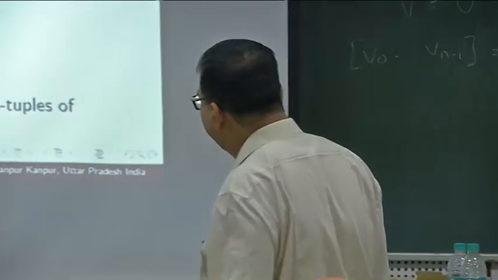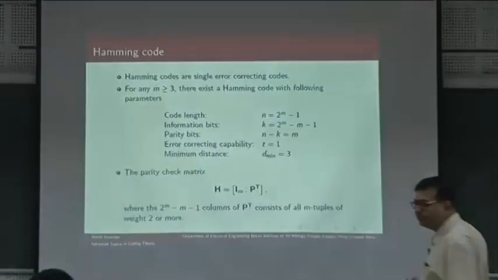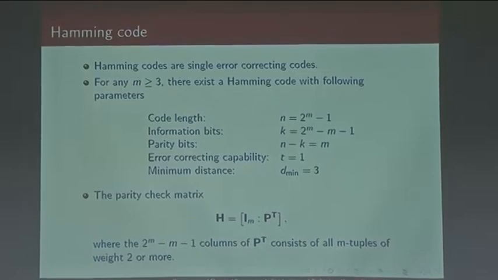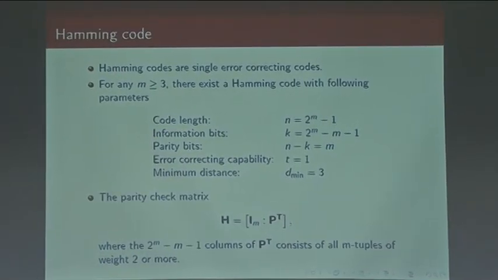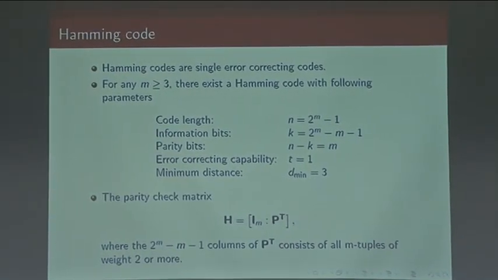So from there we get d min is 3 and t is 1. Is this clear? Okay.